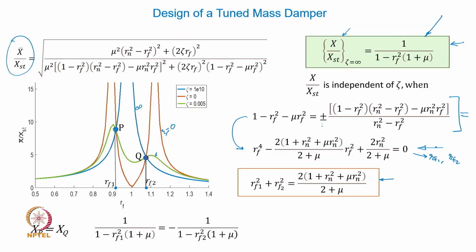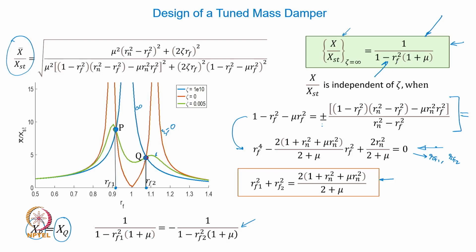And so what is happening is that for the value of response x at point P, I can use this expression, and also for the response at Q I use the same expression. The only thing is their values will have rf1.